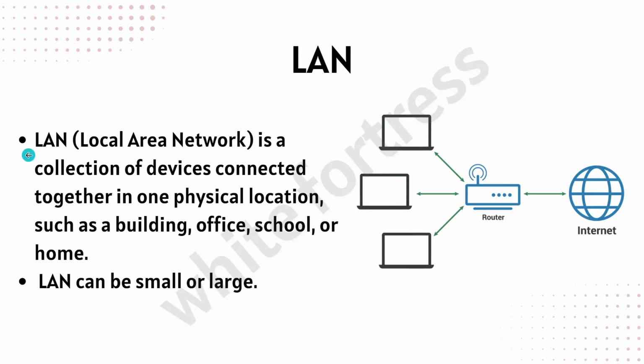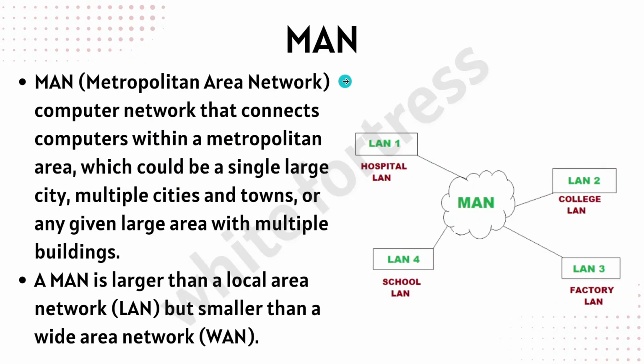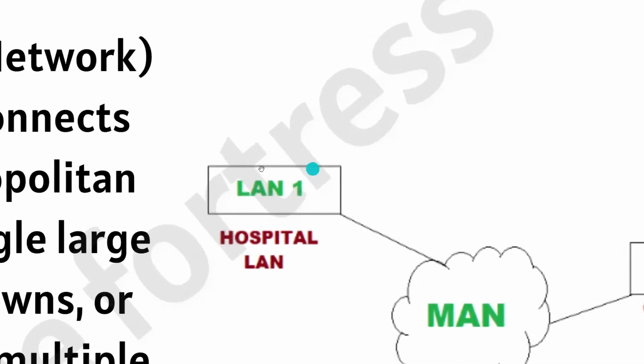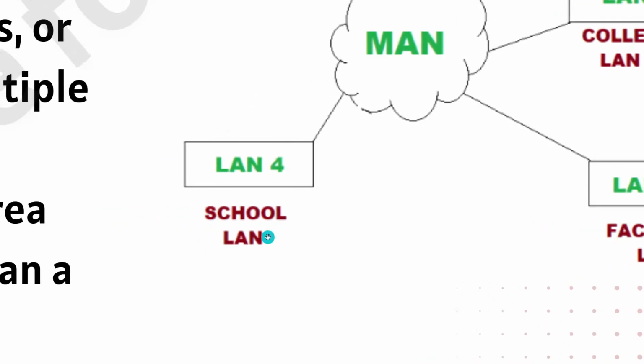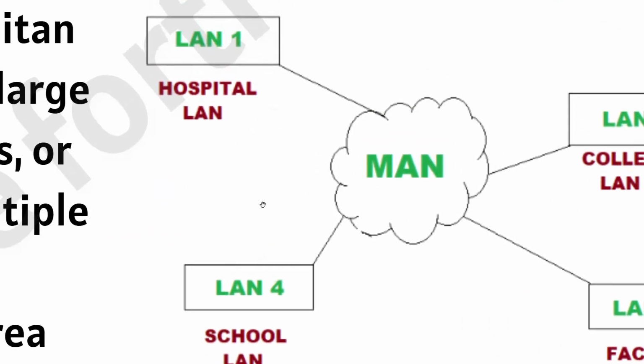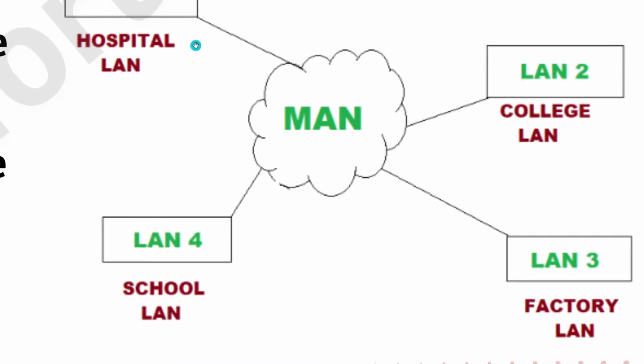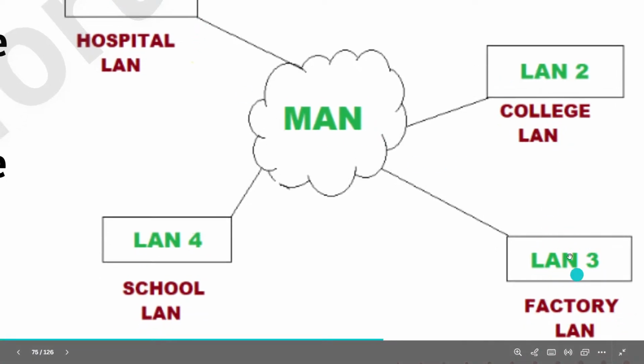Okay, let's continue. So, I talked about LAN, then MAN. For example, let's talk about a single LAN. It has got the router, it has got multiple devices in it. Same in the college LAN, same in the factory LAN, same in the school. And if I want to connect a factory LAN to the college LAN, I am communicating from this network to this network.